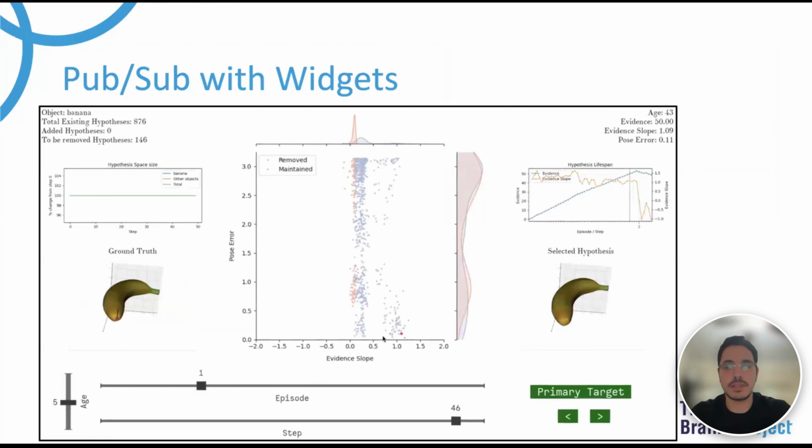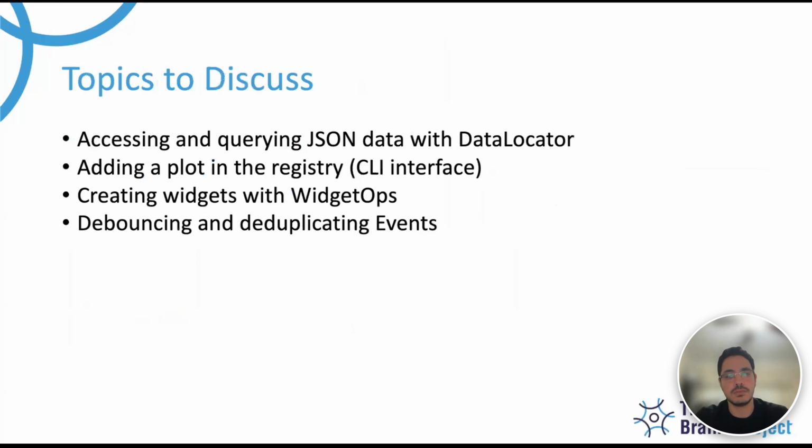Okay, so that's basically a very high level view of these, and we can now discuss more of the low level details. These are the topics I plan on discussing.